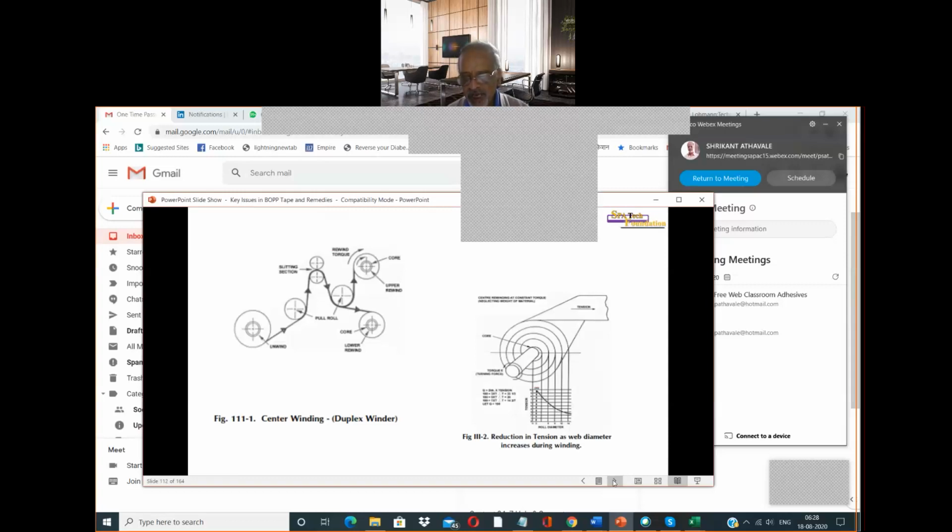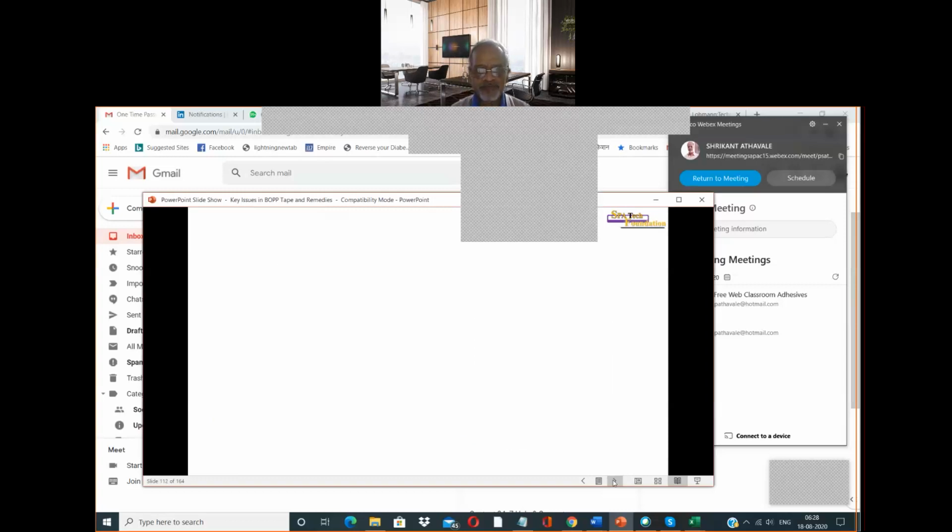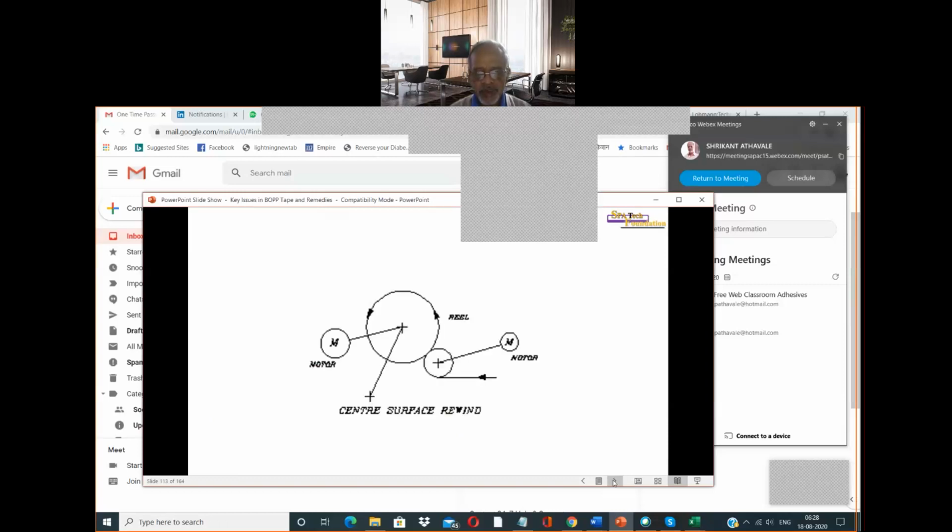The reduction in tension as web diameter increases during the winding is desirable. Central surface winding. You can have a combination of central winding and surface winding, and this is how it can be done.